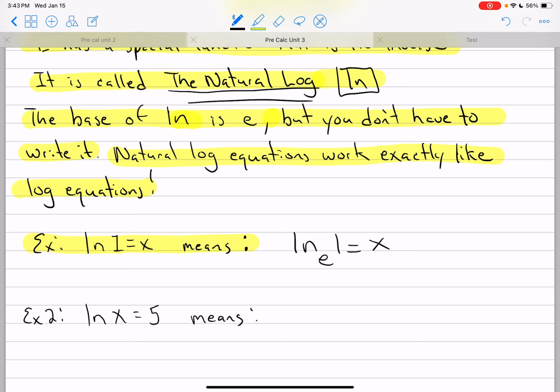So we know that e is my base, x is my exponent, just like in logs, and 1 is the solution. So e to what power equals 1? Well, we know x has to equal 0. This is just like we did with log equations, all right?